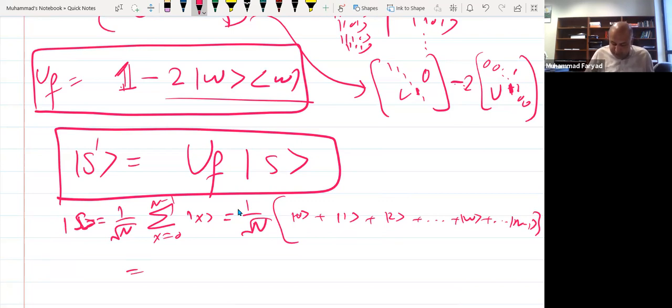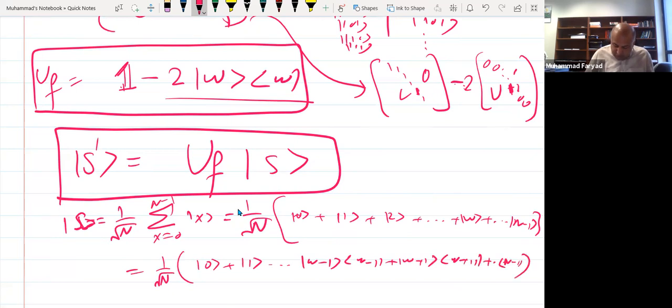So let me separate it into two terms. One term that contains everything except the solution state W. And let's separate the W state.